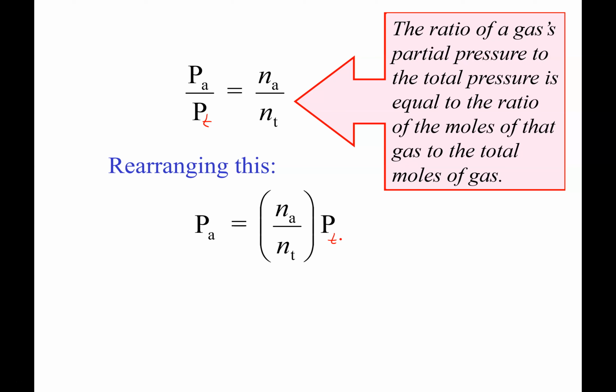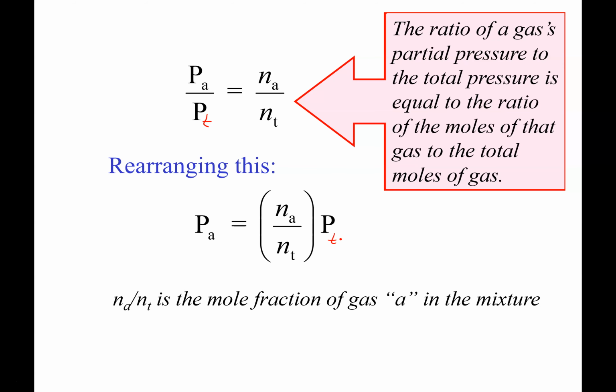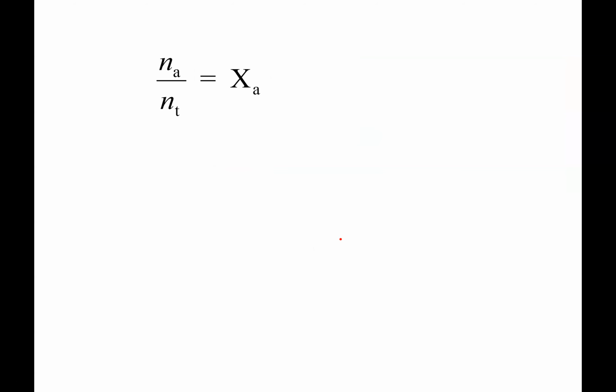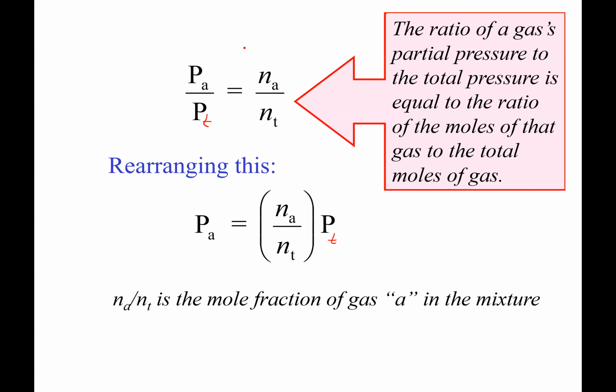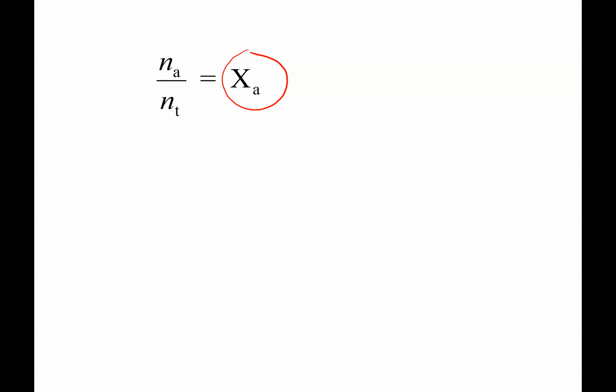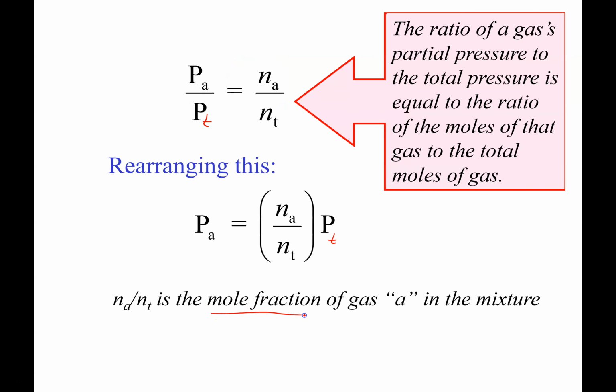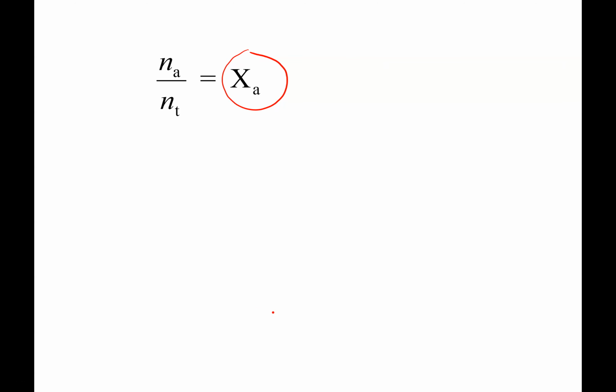So we're all about variables in science. I'm going to take this ratio quantity and give it a variable. Here we go. We use the symbol X to represent what we call mole fraction. See right here where it says mole fraction? So X is mole fraction.